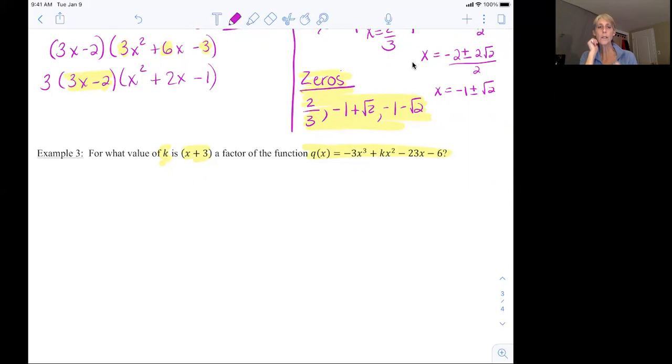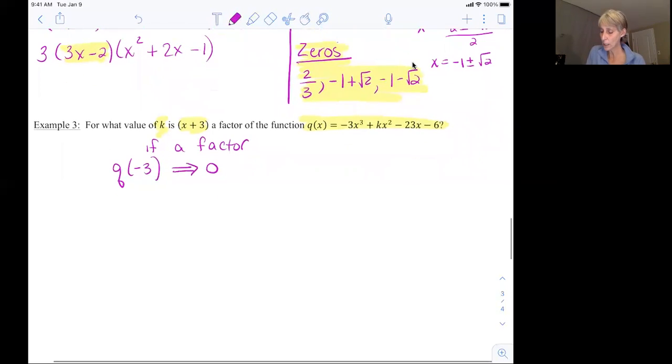If x plus 3 is a factor of that function, doesn't that mean that when I plug in -3, I should get a 0 if it's a factor? That's what that means. So I could use synthetic division to show this, or I could just use function notation to solve this.